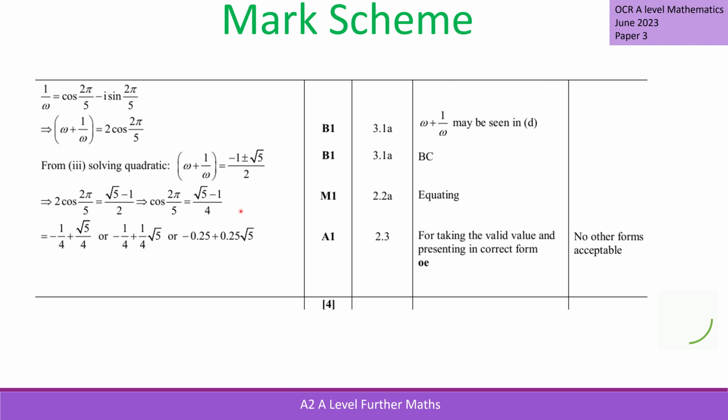Then for spotting it is the correct solution and equating them, to make sure, I've got another method mark, and finally getting your answer mark of -1/4 plus root 5 over 4 and stating the values of A, B and C. Sometimes it doesn't say you have to state what A, B and C are, but it is worth doing it if the question does ask, because you could lose marks if you don't.